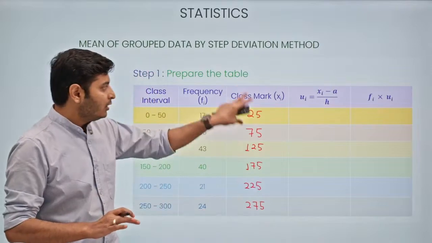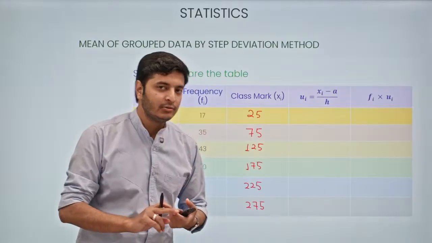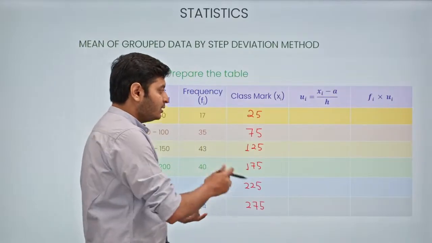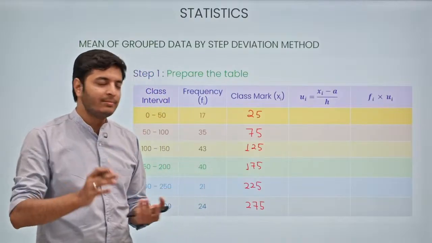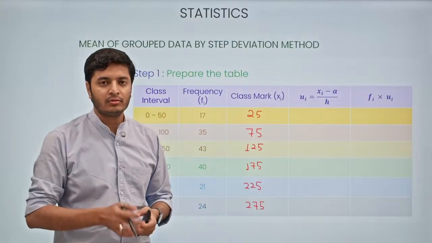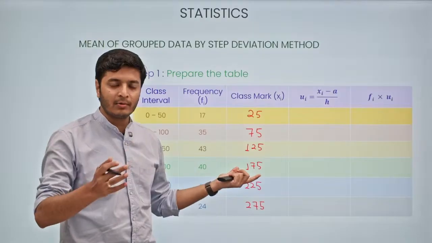Now, after calculating the class marks, we are gonna assume one value to be our what? Assumed mean. So here, last time I told you that you can go with the middle value, right? But here we have 6 values. So there is no particular middle value in case of an even number of values.